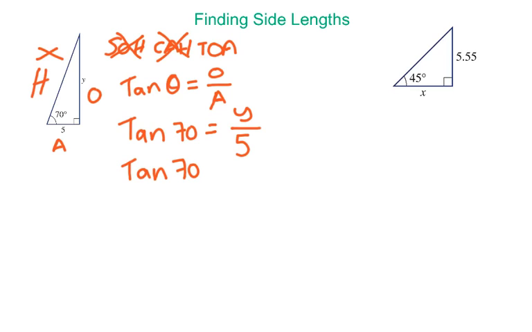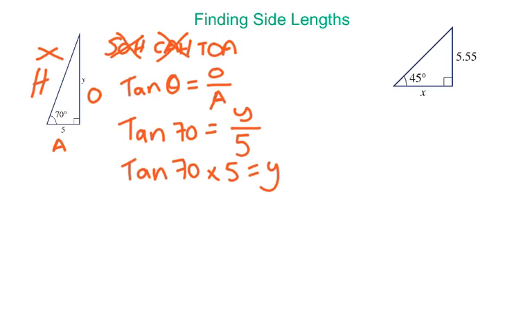Now our goal is to get y on its own. At the moment, y is being divided by 5. The opposite of dividing is timesing. So the timesing of 5 goes to the other side of my equals, and this allows y to be on its own.